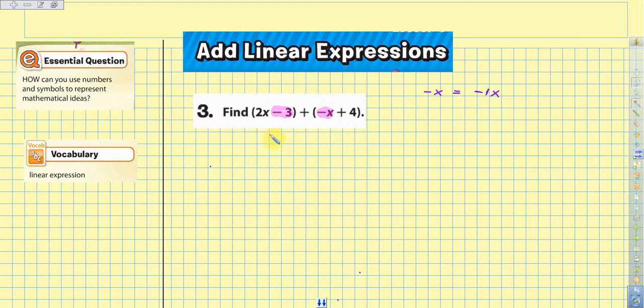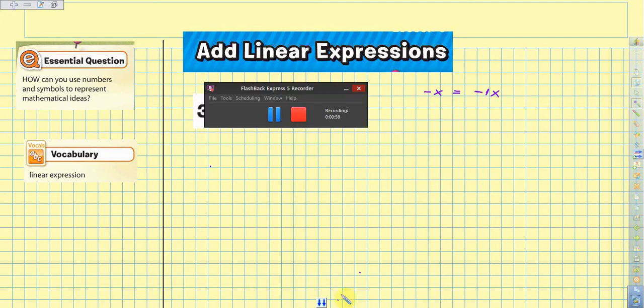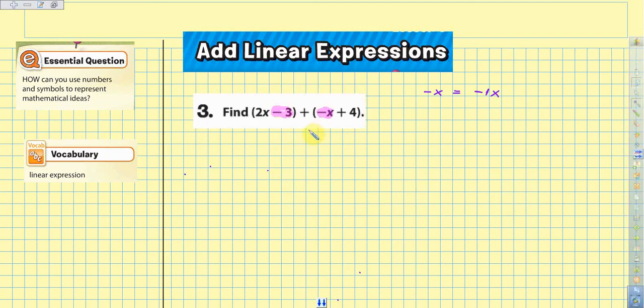There's not 2 x's or so forth. Okay, so what we want to do is we're going to take that 2x plus a negative 3 plus the negative x plus 4.